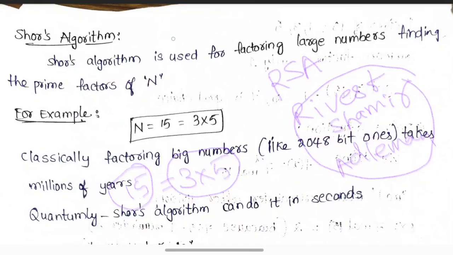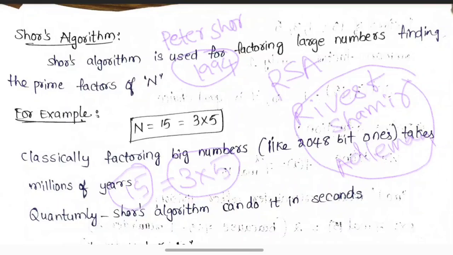In 1994, Peter Shor found this algorithm, Shor's algorithm, which a quantum computer could use to factor big numbers exponentially faster. That means it takes millions of years for normal computers, but it could take only seconds or minutes on a quantum computer.